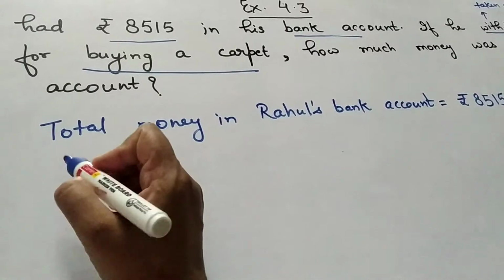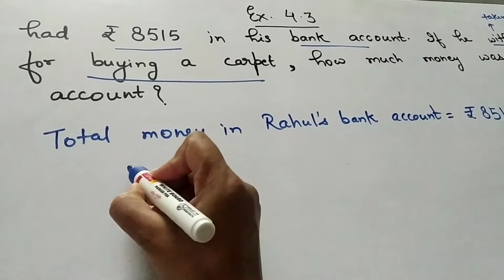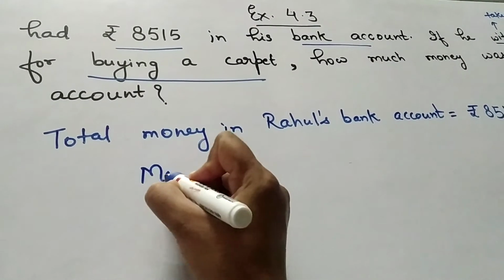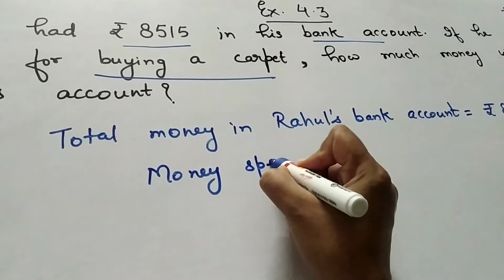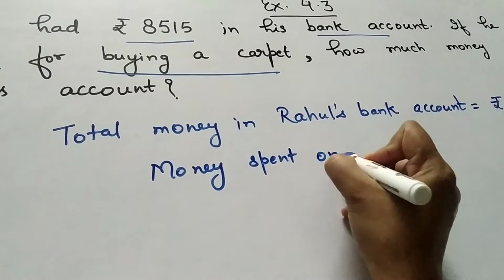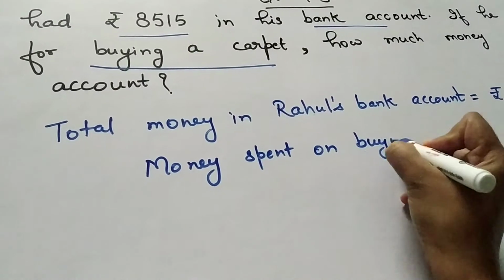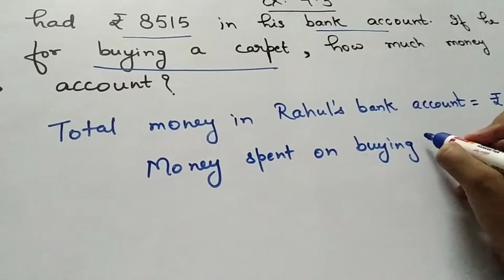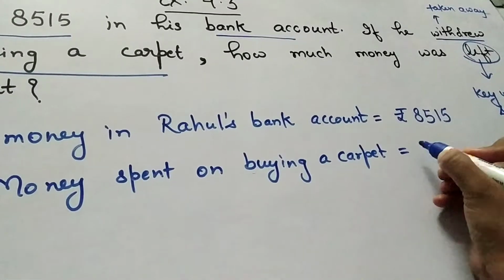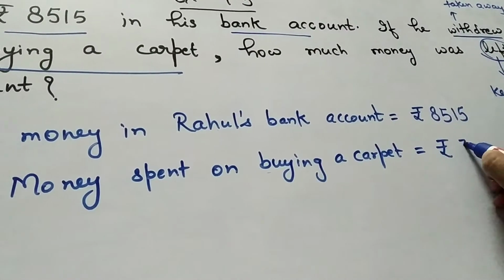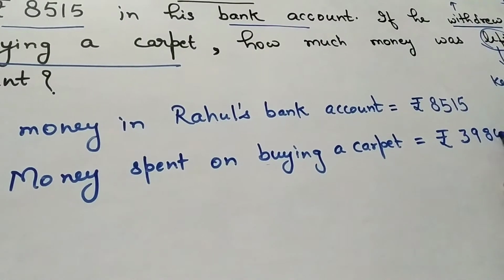Now next is money spent on buying a carpet. What did he do? He bought a carpet now. Buying a carpet is rupees 3,980.